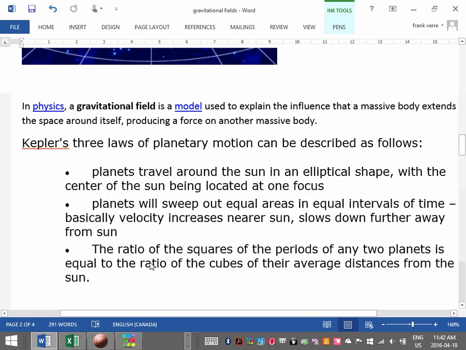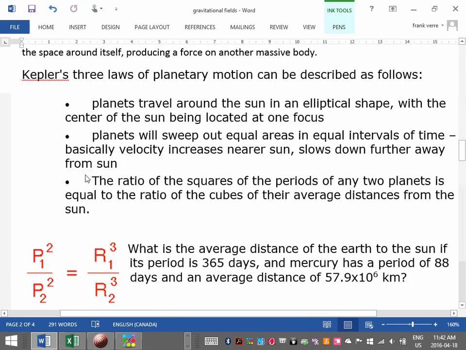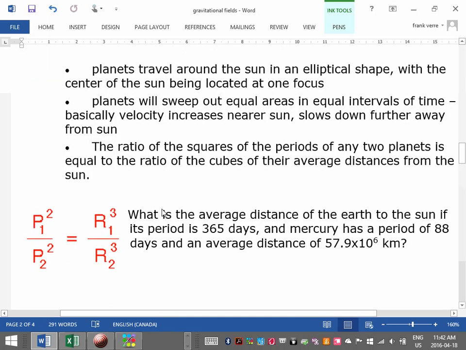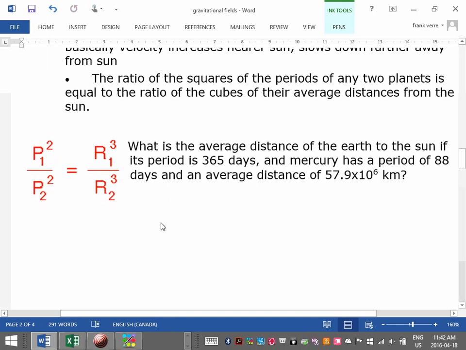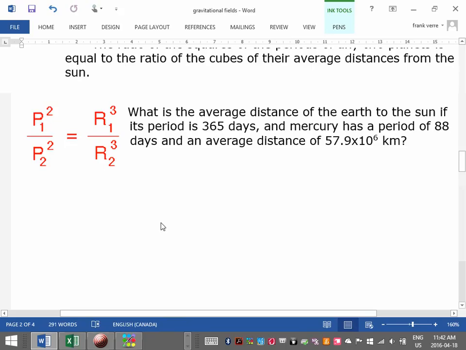The third one talks about the ratio of the period of a planet and its distance. Now, this actually comes from some work we did a long time ago. Do you remember the equation for centrifugal force? It was Fc equals mv squared over r.